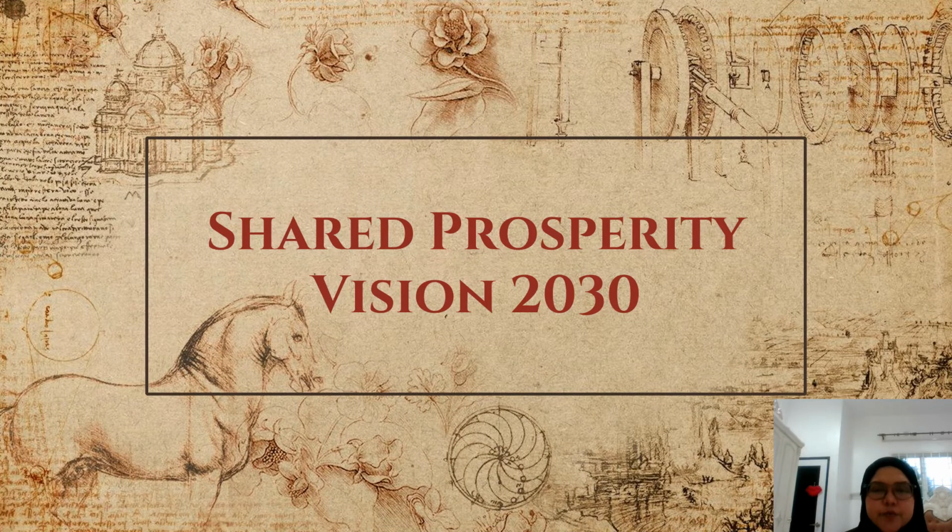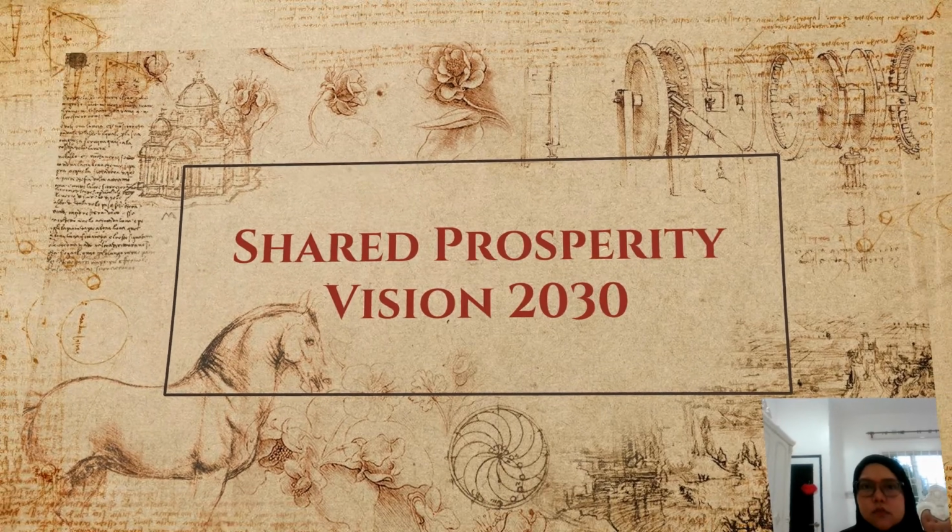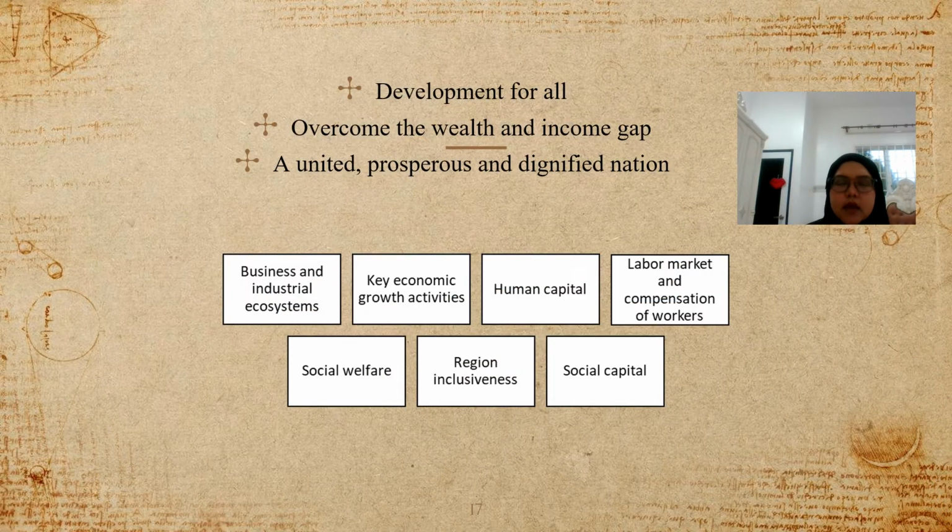The last one is Shared Prosperity Vision 2030, with the main goal of providing a decent standard of living for all Malaysians by 2030. There are three objectives of Shared Prosperity Vision 2030.